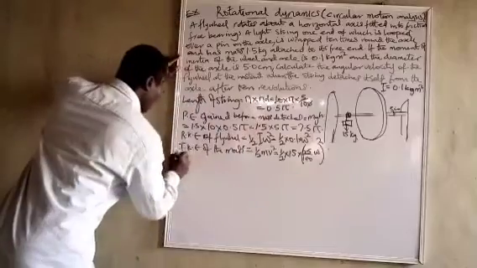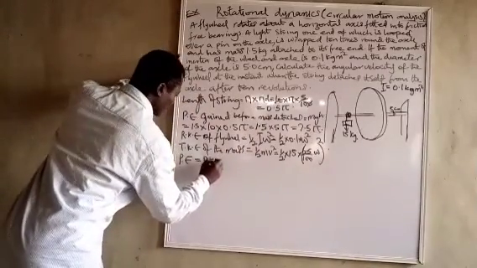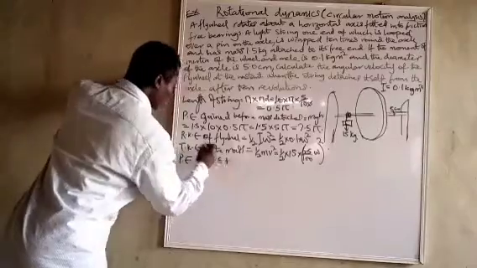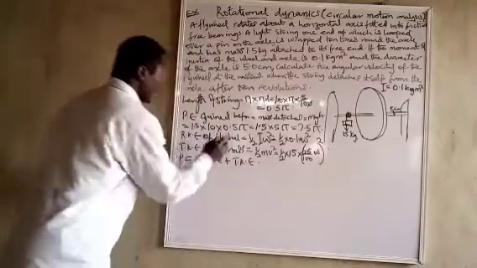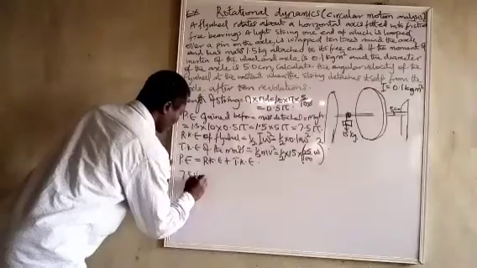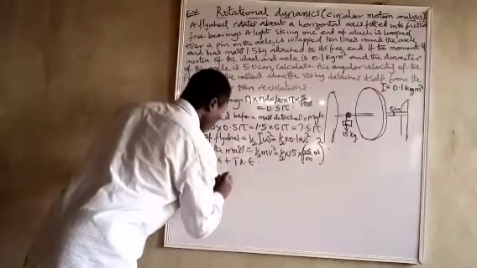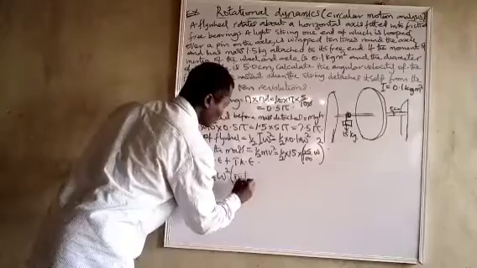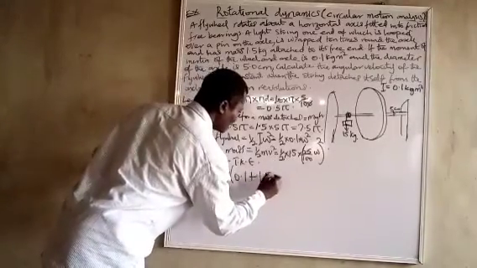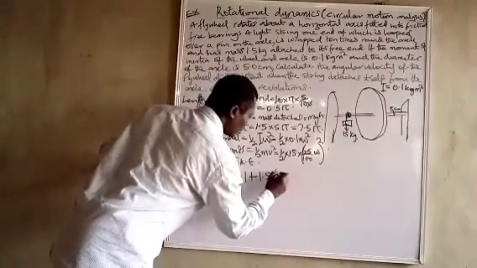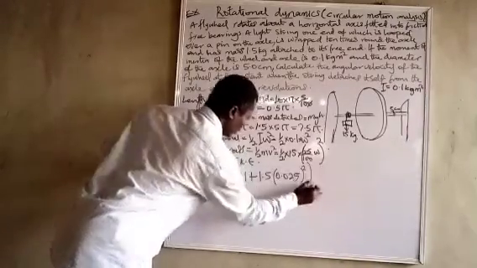Therefore, the potential energy PE is equal to rotational kinetic energy of the flywheel plus translational kinetic energy of the mass. Therefore, I can say 7.5 pi will be equal to half omega squared into 0.1 plus 1.5 into 0.025 all squared.